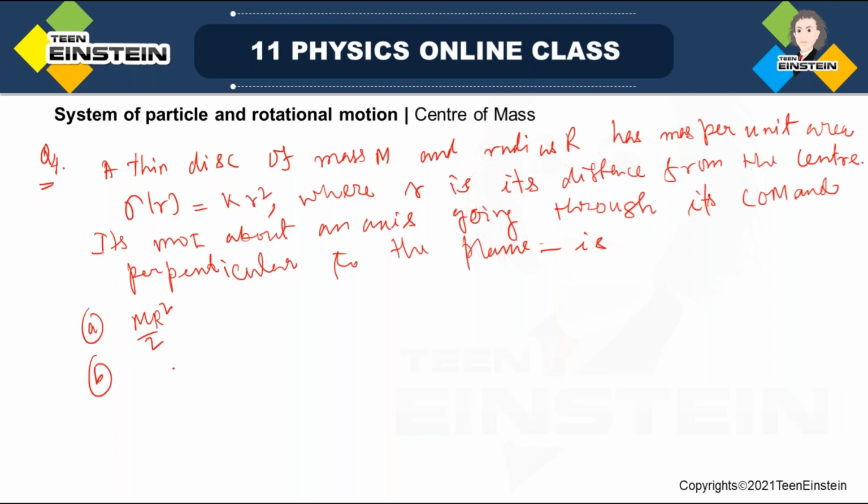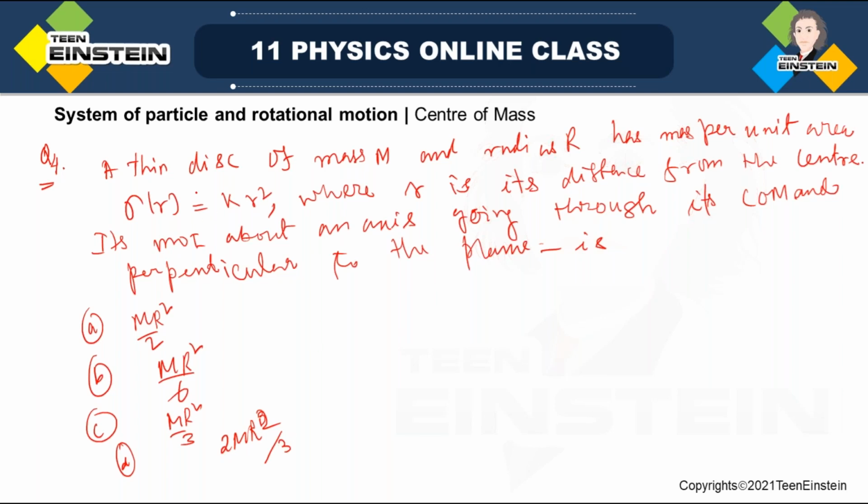B is M R square by 6. Option C says M R square by 3. Option D says 2 M R square by 3.